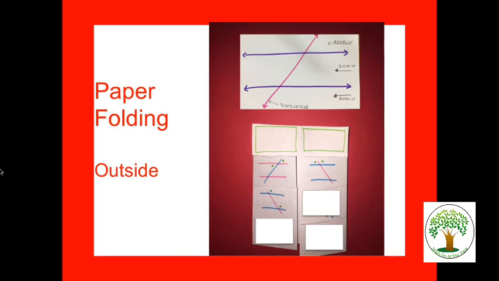Next, you're going to give yourself 2 lines, a transversal, and you're going to put your dots at those locations.